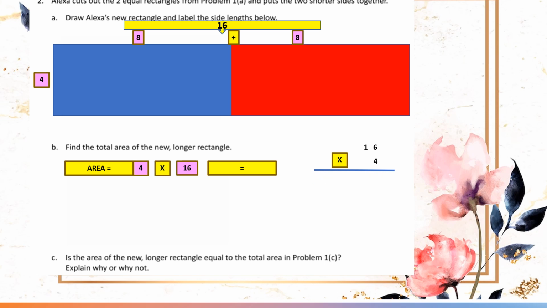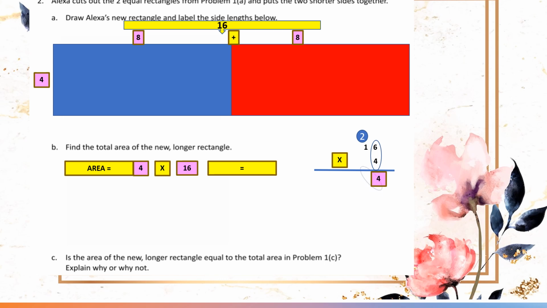All right, so first things first, we start with the ones place, and we're going to multiply 6 times 4. All right, what's 6 times 4? You said 24, you're absolutely correct. So what we're going to do is put a 4 in the ones place, and carry our 2 over the tens place.